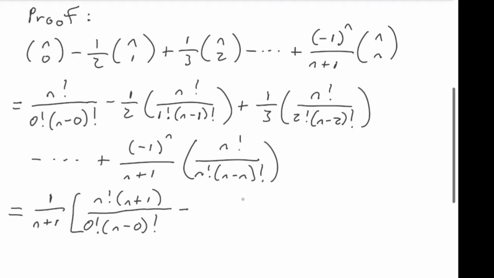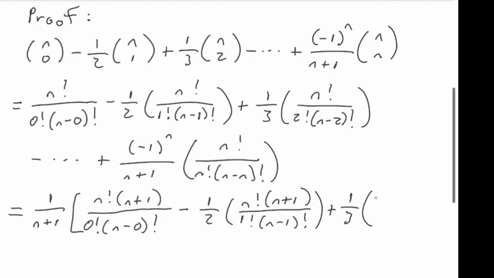And then minus 1/2 times n factorial times n plus 1 over 1 factorial, n minus 1 factorial, and then plus 1/3 n factorial, n plus 1 over 2 factorial, n minus 2 factorial.